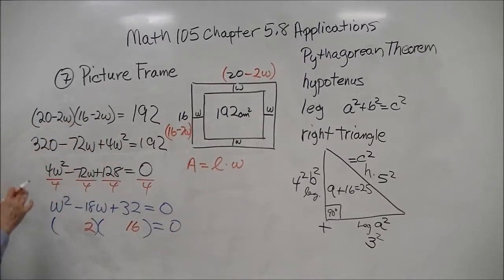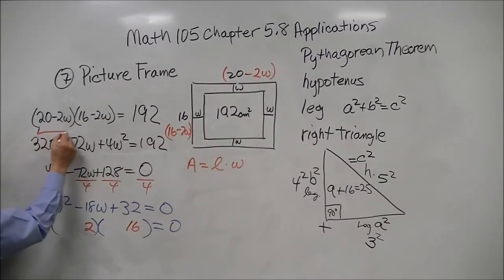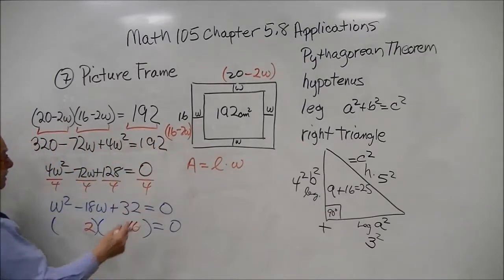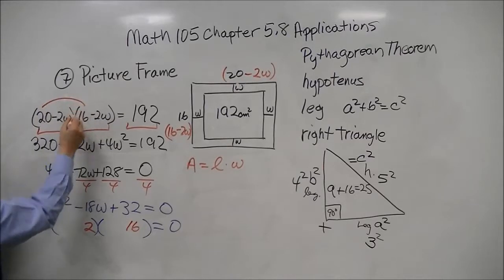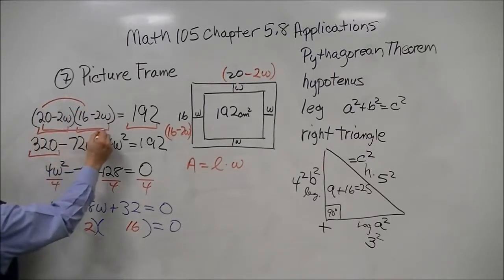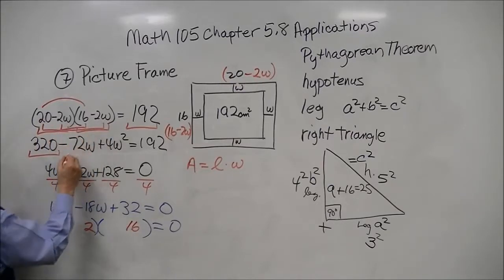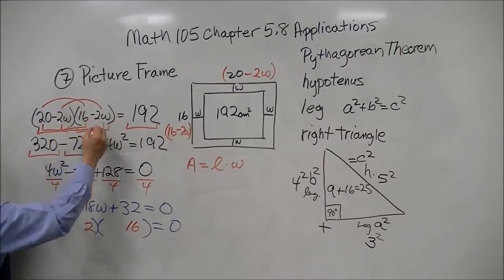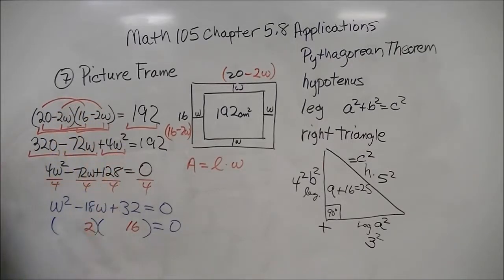So my original formula was length times width equals my area. And you might say, wow, this is getting challenging. Well, we're going to FOIL. I did my outers and my inners, and that gave me this. And then I did my last, and that gave me that.